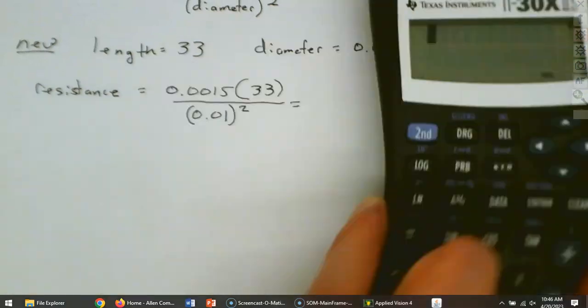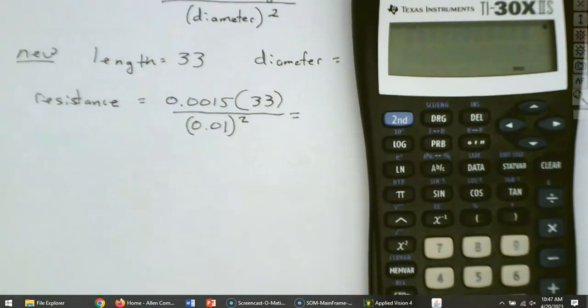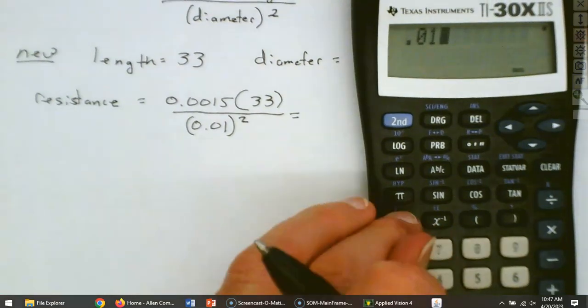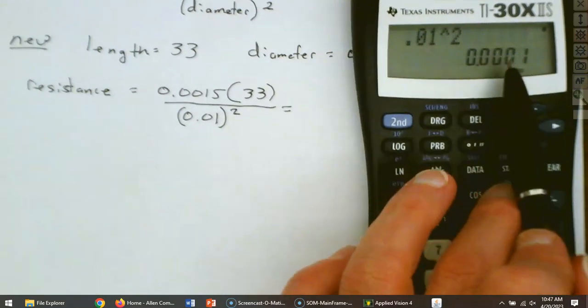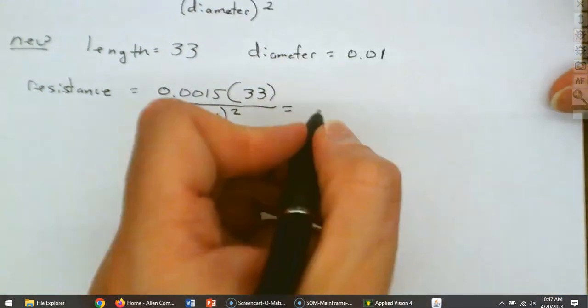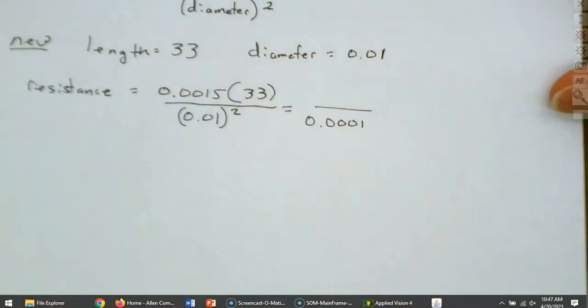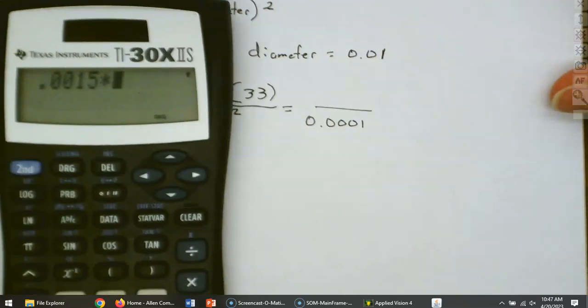Okay, we're almost finished here. Otherwise, I'd get up and close the door, but this will be our last question. So that's 0.01. We've got to square it. And we have 1, 2, 3 zeros. And on the top, we have 0.0015, and we're going to multiply that by our 33.